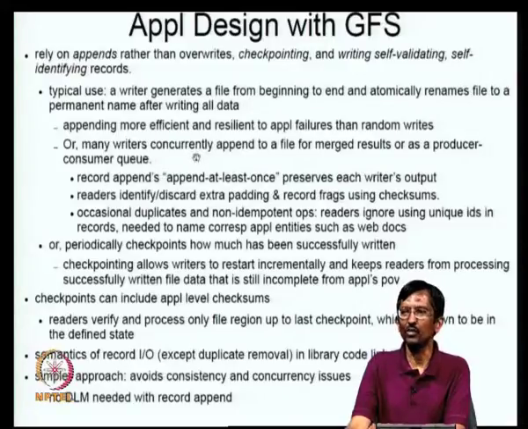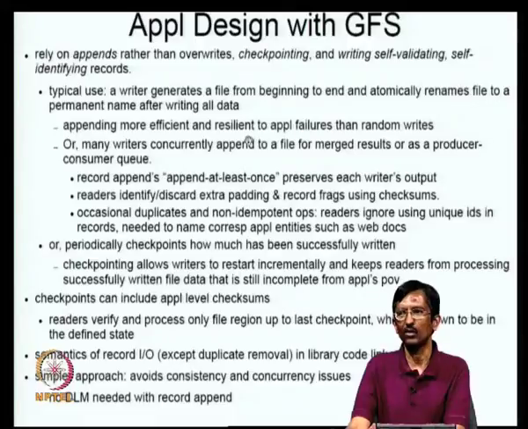Now we will go into detail on exactly how the append happens, but the important thing is that record append guarantees at-least-once append, so each writer's output is preserved. This is similar to NFS, where we have this issue of at least once. That goes back to RPC.